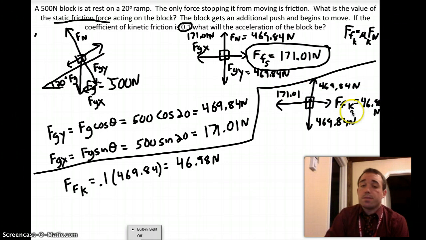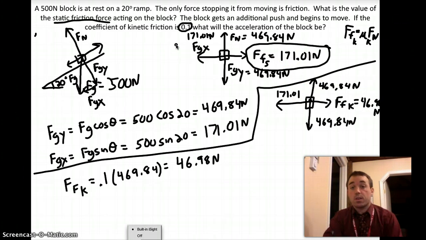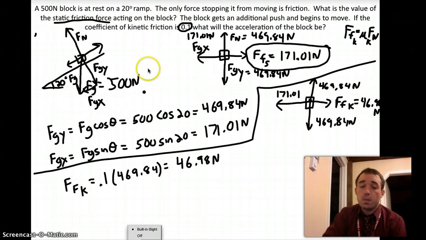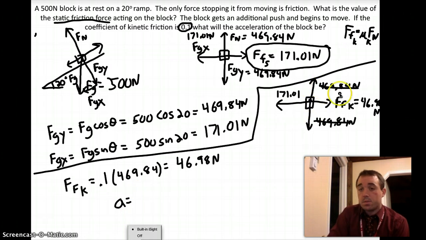So now we have the two forces left and right, and those are the only two forces because that's what it says. So to figure out what the acceleration is, we need our net force. The FGY and the normal force cancel, so there's no vertical motion.